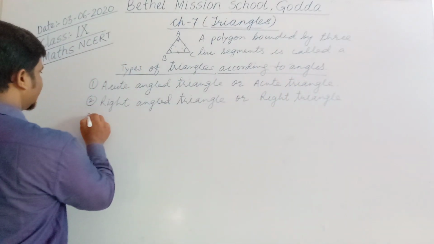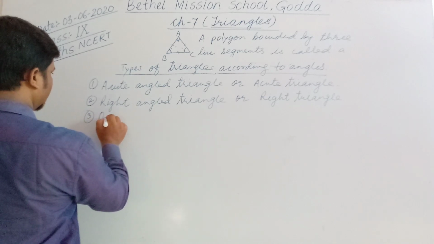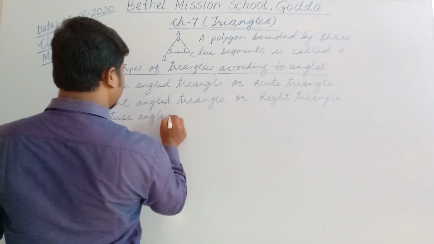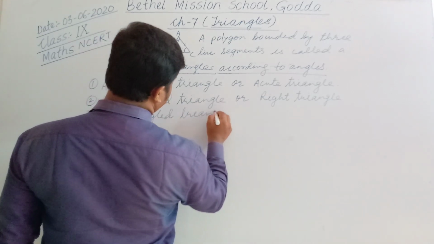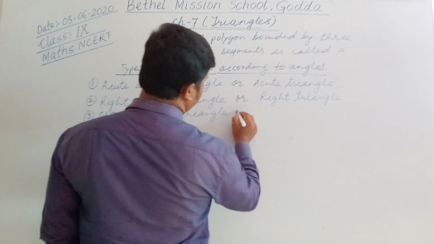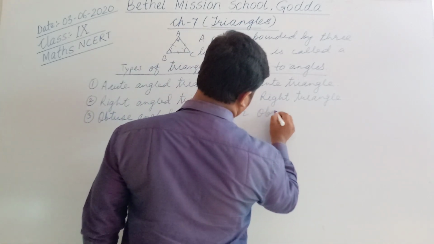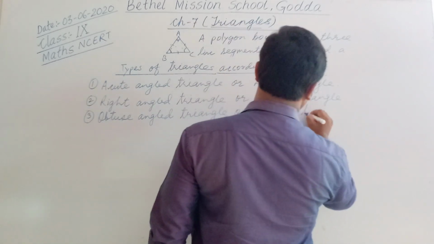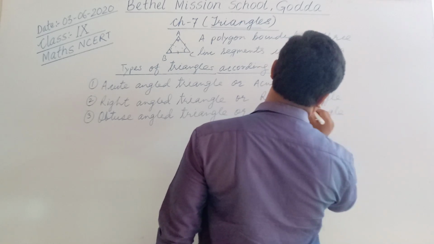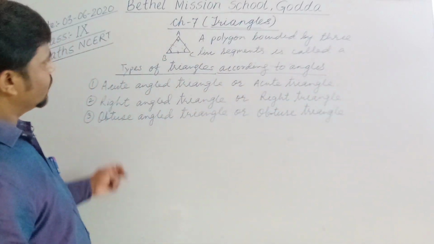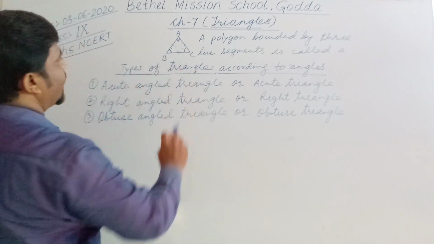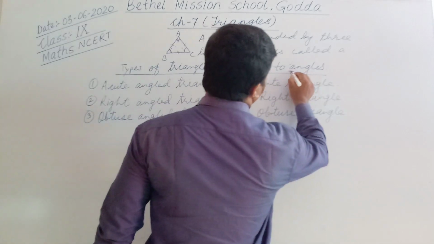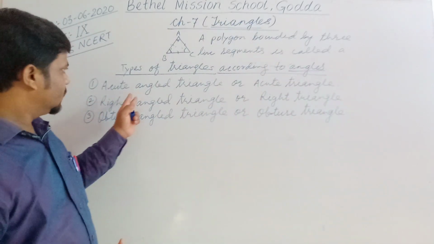Third is obtuse angled triangle or obtuse triangle. Okay, so these are the 3 types of triangle on the basis of angles.